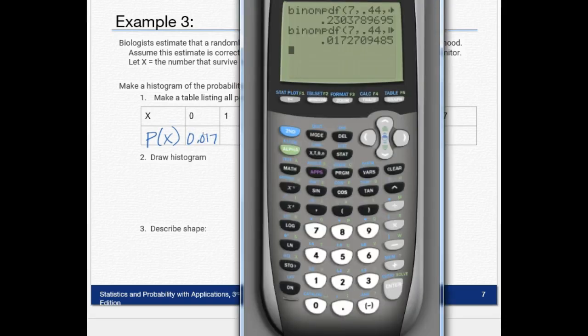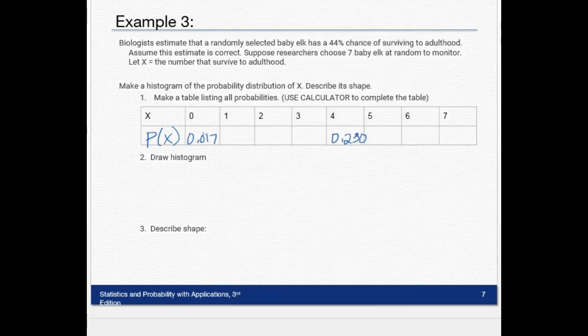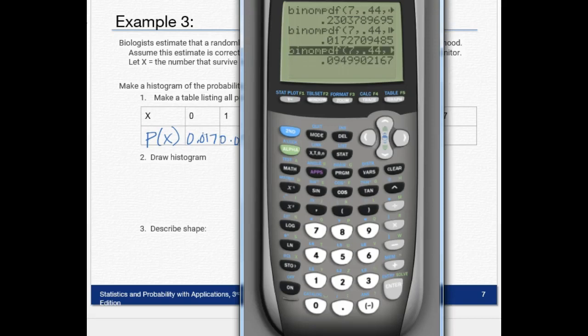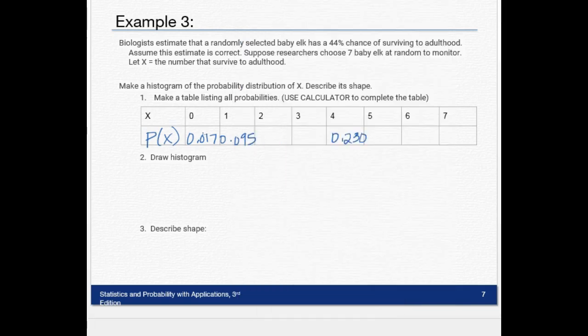Then I'm going to do the same thing, and honestly you can just highlight that line, hit enter, and it'll paste it, and I'm going to change the 0 to a 1. Hit enter, I get 0.095. Copy, paste, change that 1 to a 2, because now we're saying what if 2 out of the 7 survive? And I get 0.224.